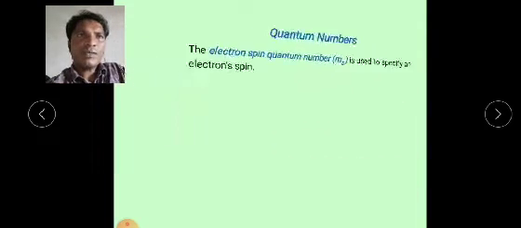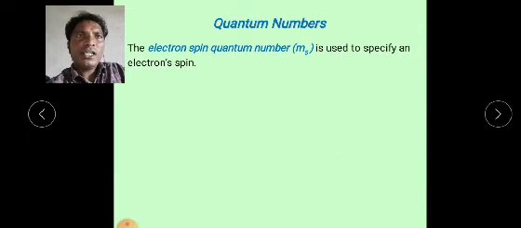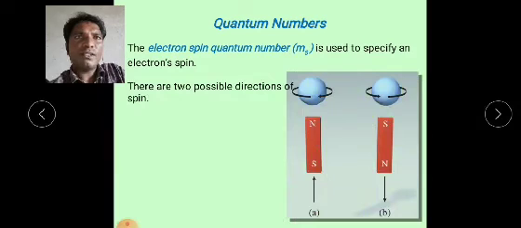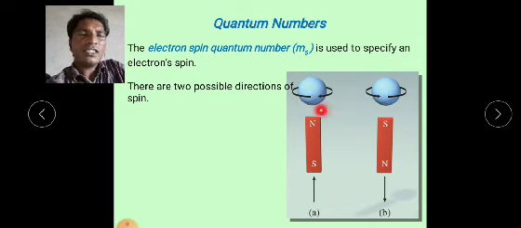So next one is the electron spin quantum number. This electron spin quantum number is used to specify an electron's spin. So there are two possible directions of this spin. Here in this structure, see, one spin has a clockwise direction and this spin has an anti-clockwise direction.